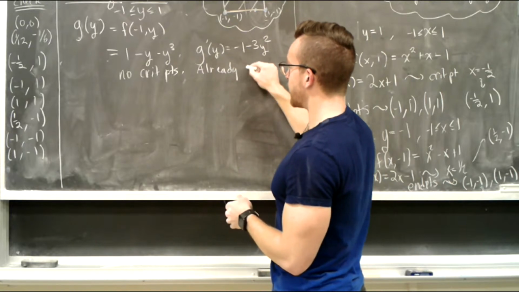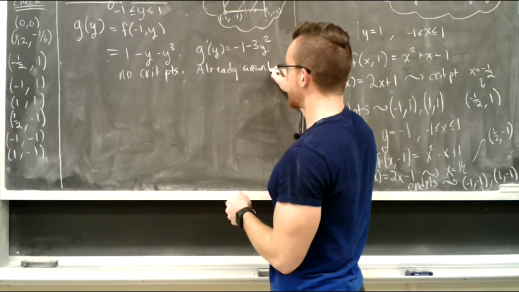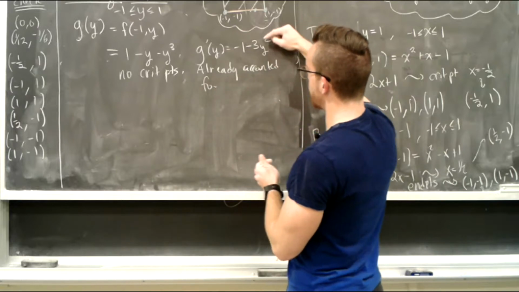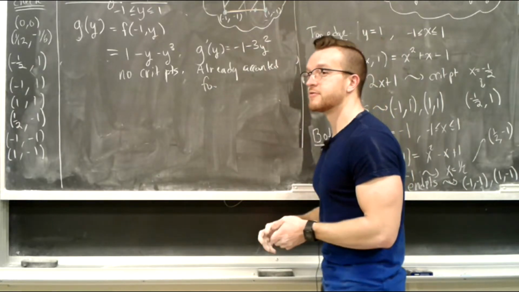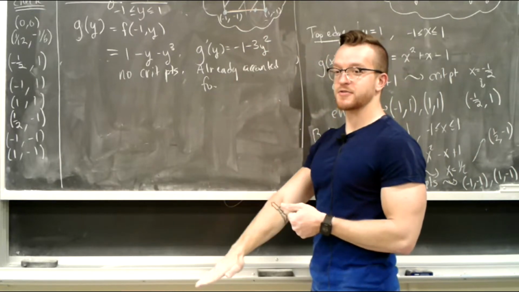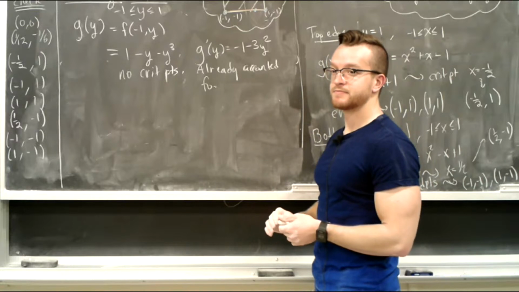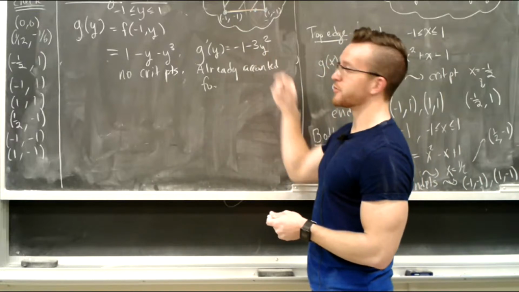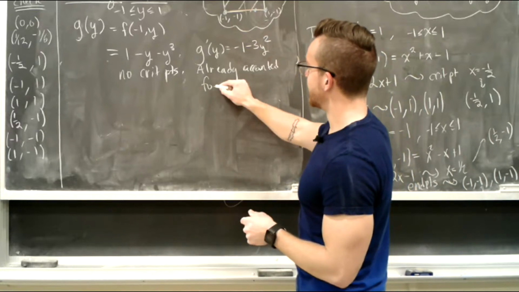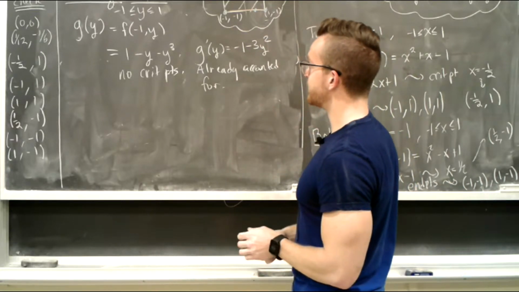And I've already accounted for the boundary of the boundary. Already accounted for endpoints. Can you explain? Yeah, sure. So y squared is always positive. So -1 minus a positive number is always going to be negative. Or set it equal to 0 and try to solve it, and you'll see what happens. Okay.